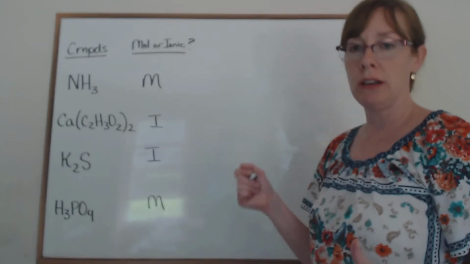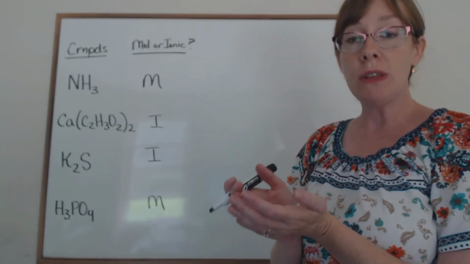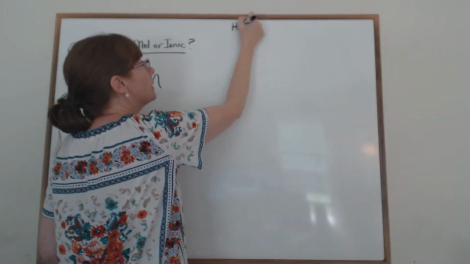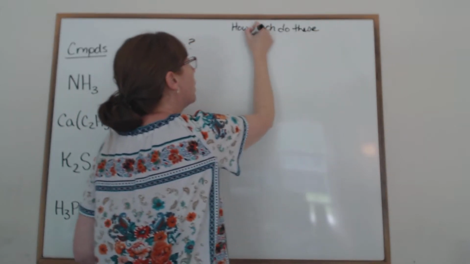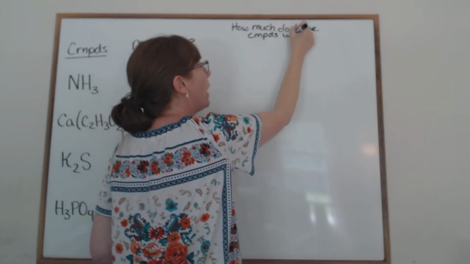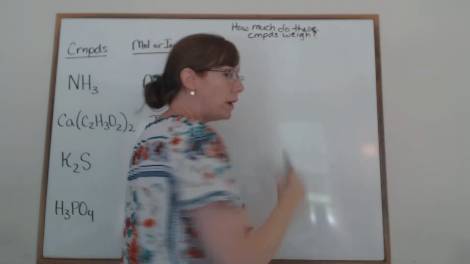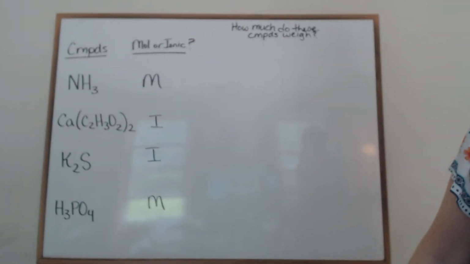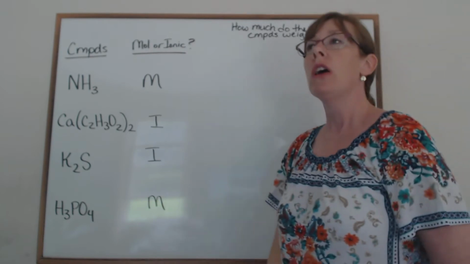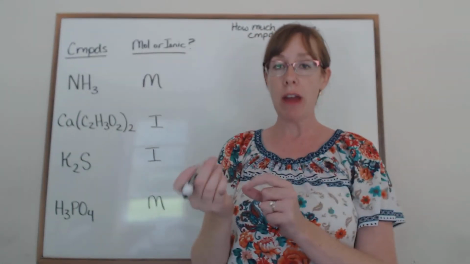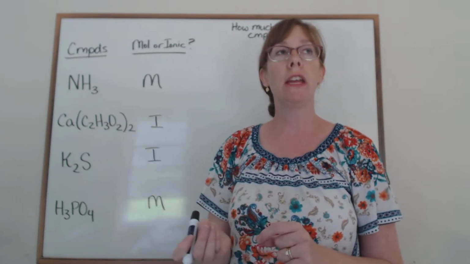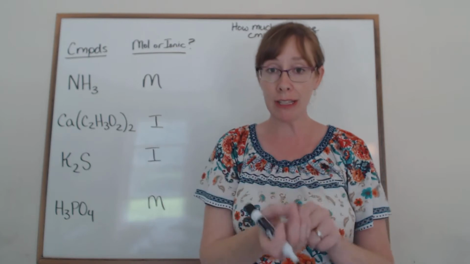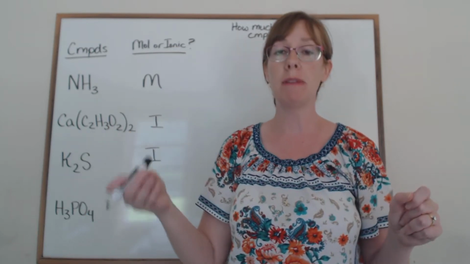Now, let's ask the question, how much do these compounds weigh? One of the things that we learned about in chapter 2 was, if you can remember the little piece of pencil lead, pencil graphite, you can figure out how many atoms are in a sample by weighing it, based on the concept of molar mass.